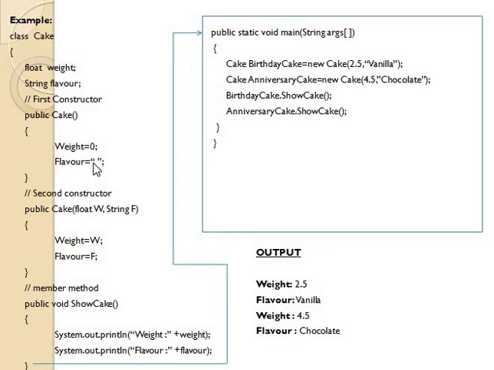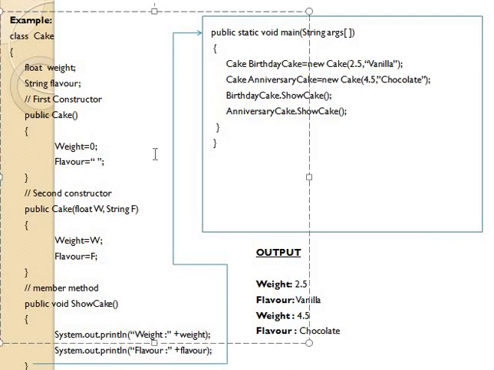Now you see that the space is enclosed within inverted commas. So why is it like that? This is because the data member flavor is declared of type string, so any string character has to be enclosed within inverted commas. Whether you declare the value of this data member flavor as an ampersand, or say the special character $, it has to be enclosed within inverted commas.